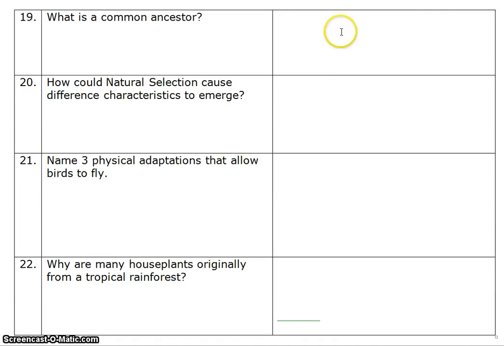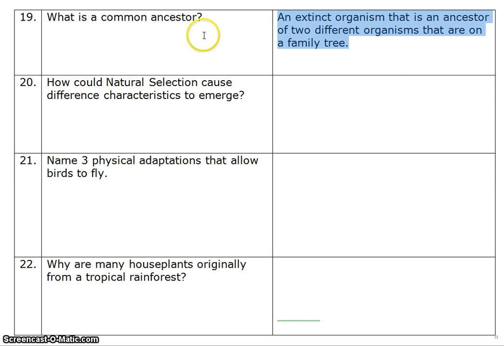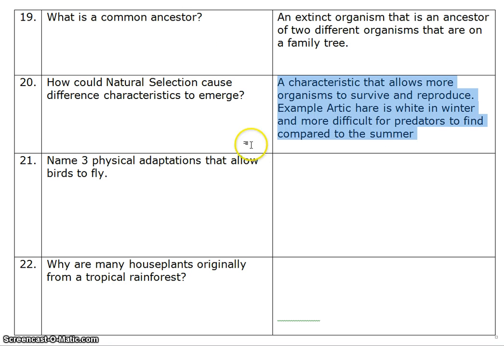Number 19, what is a common ancestor? An extinct organism that is an ancestor of two different organisms that are on a family tree. 20, how could natural selection cause different characteristics to emerge?